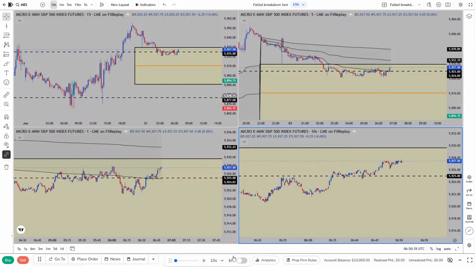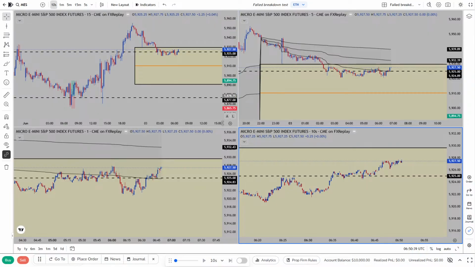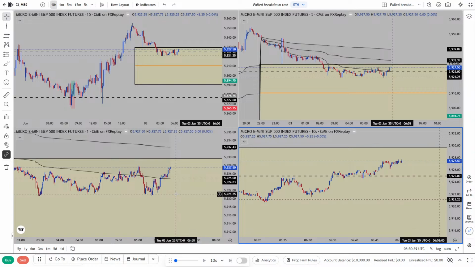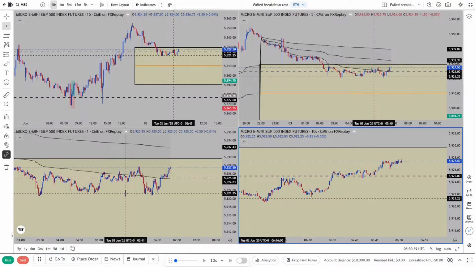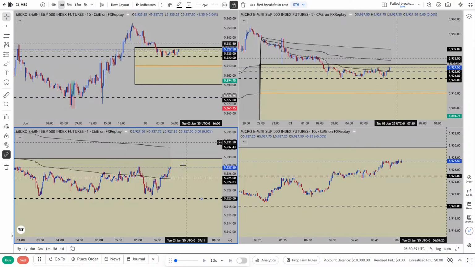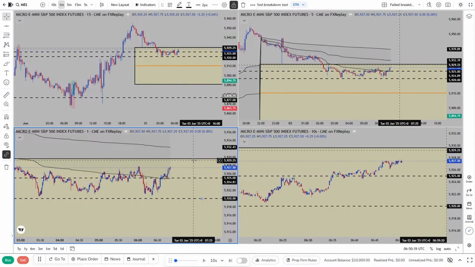Yeah, so what we see now, what Mancini says, is basically that we built a shelf here. You can see we built a shelf right here, and it came and reclaimed it many times, and now it does the breakout.